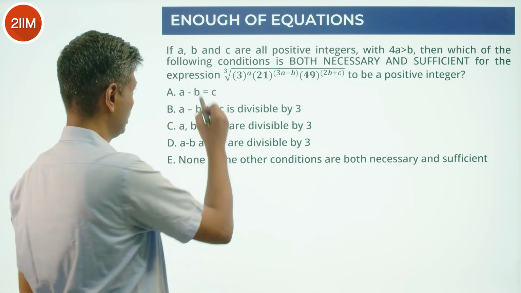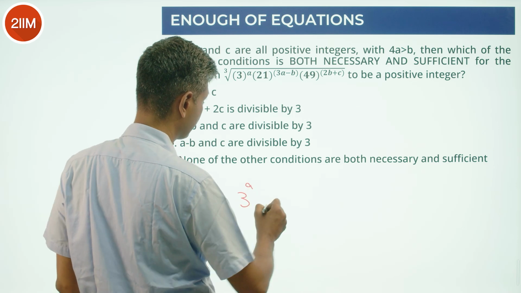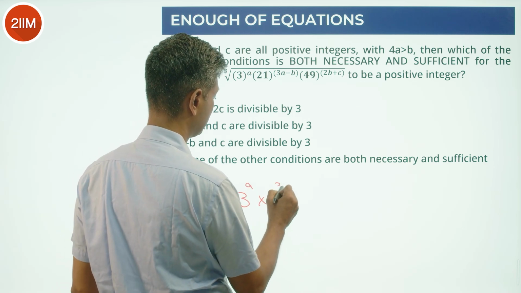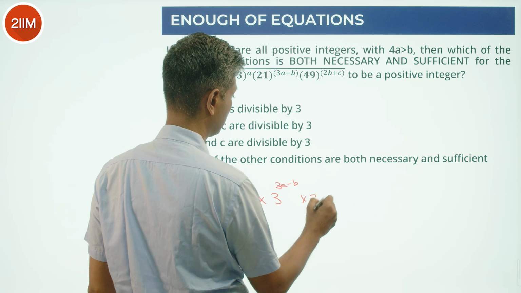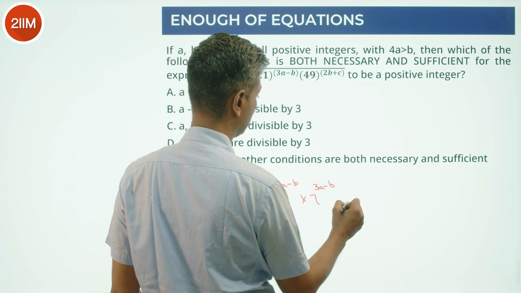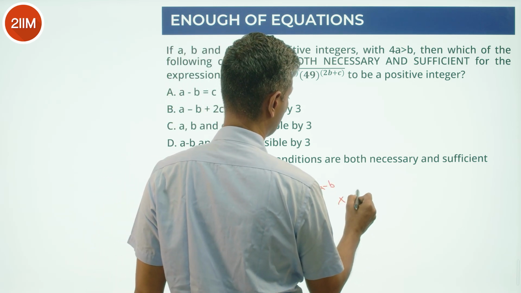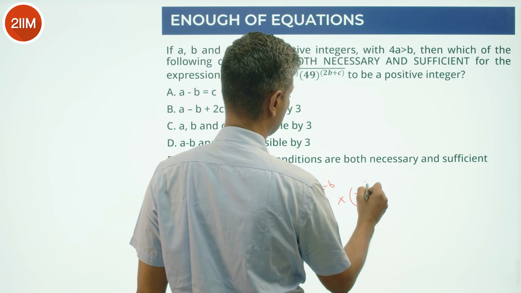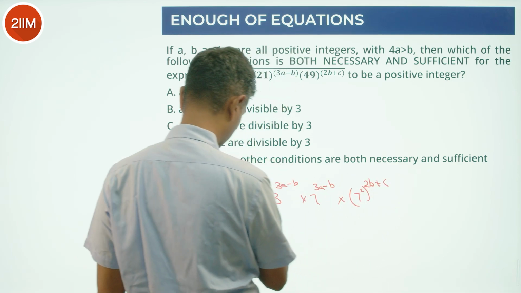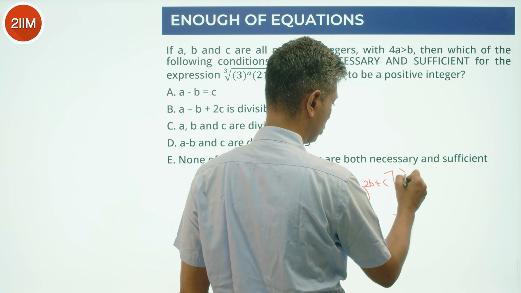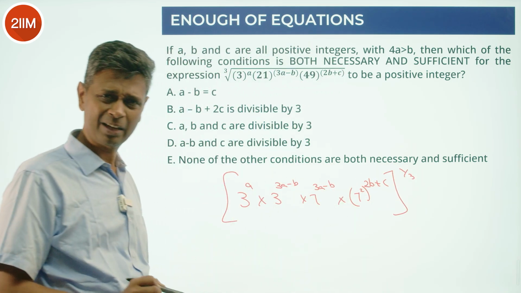And so this is 3 power a into 3 power 3a minus b into 7 power 3a minus b into 7 square power 2b plus c, whole power 1 by 3. Combine this.